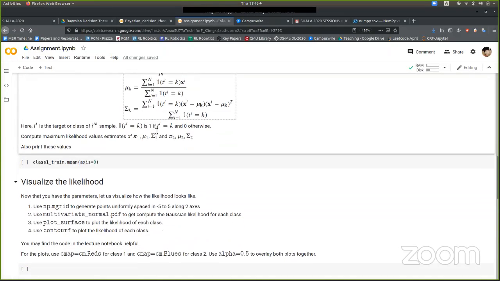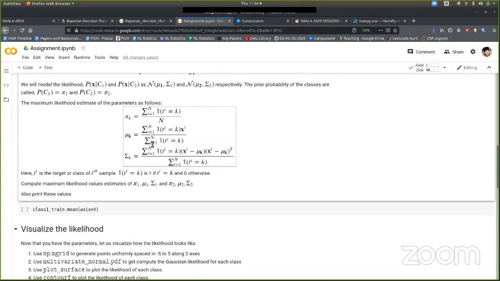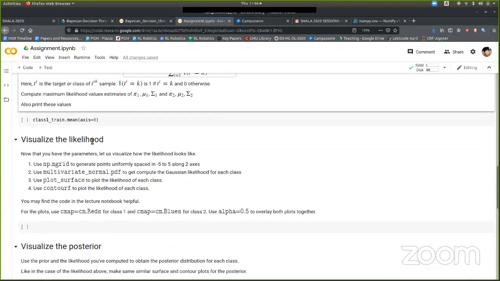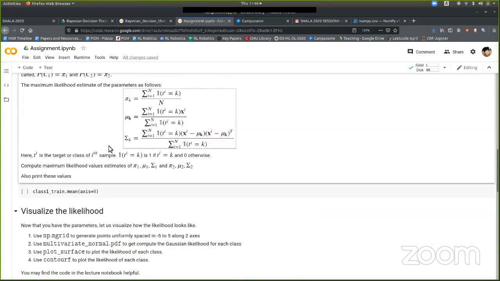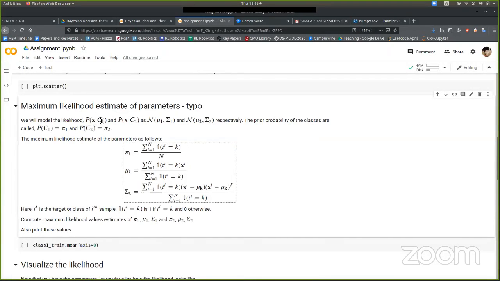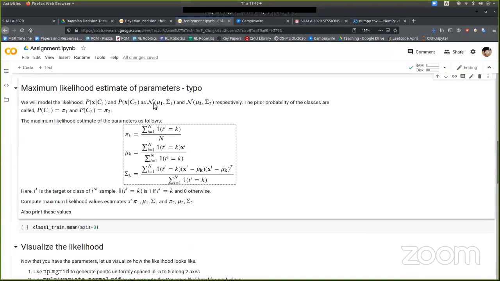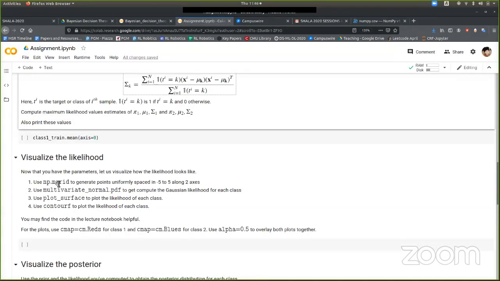Now that you have all the parameters, you can visualize the likelihood. By likelihood, I mean p of x given c1 and p of x given c2, basically these normal distributions. You can use these functions: np.mgrid, multivariate normal pdf, plot_surface, and contourf.